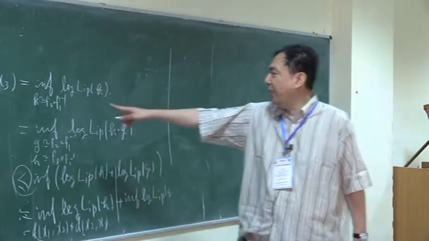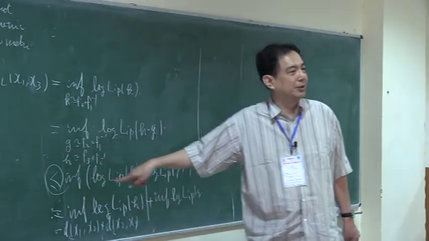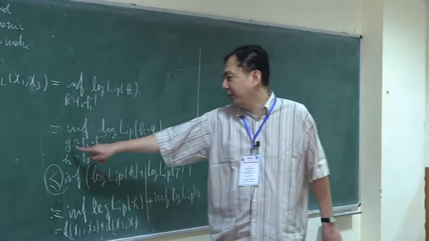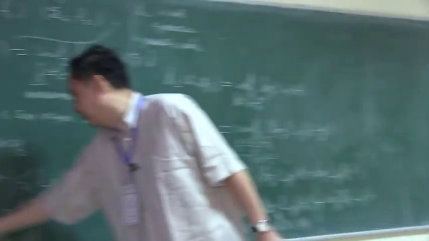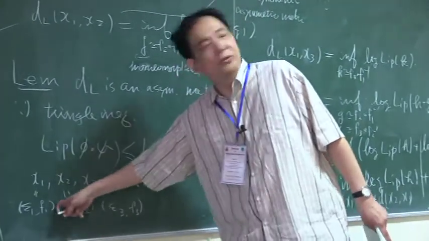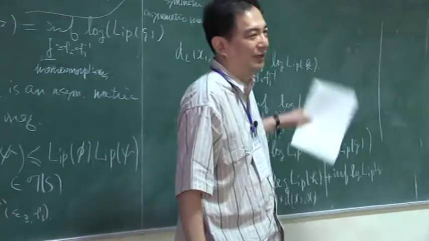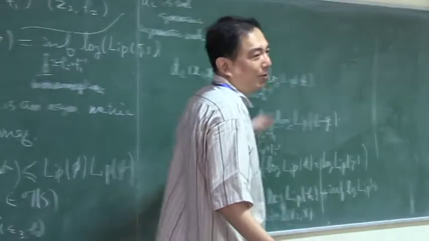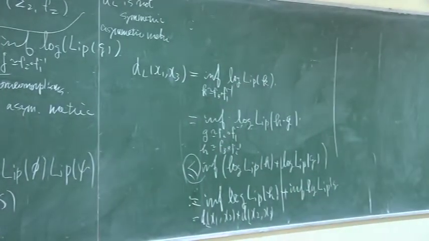Every homeomorphism from sigma 1 to sigma 3 can be decomposed into the composition of two homeomorphisms. We are considering all the homeomorphisms, so they are the same.